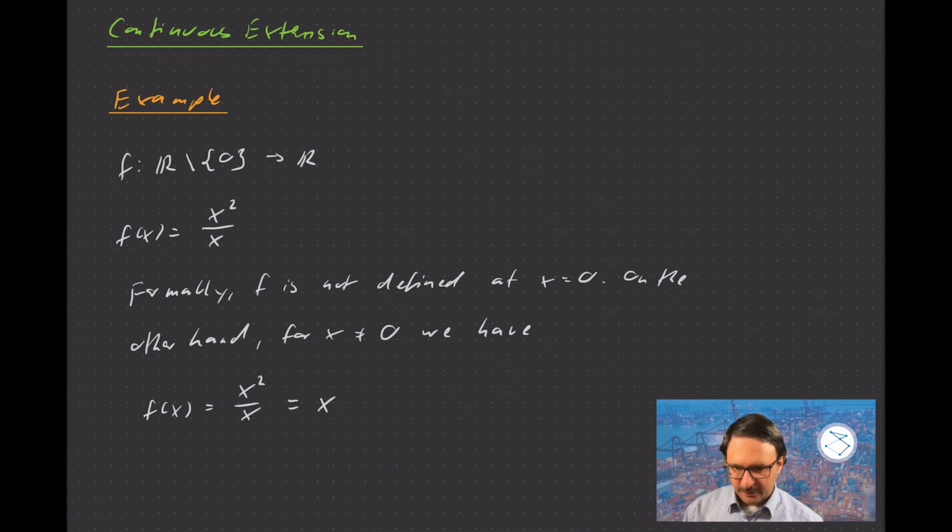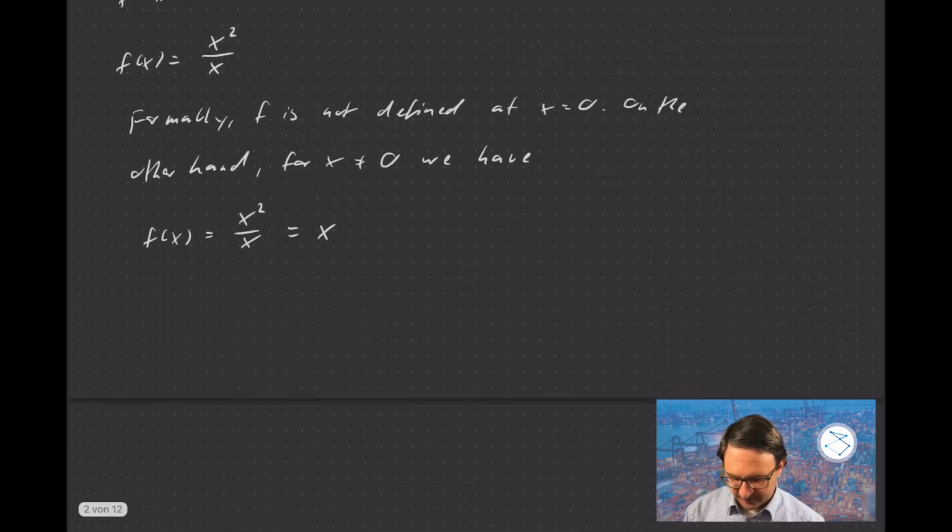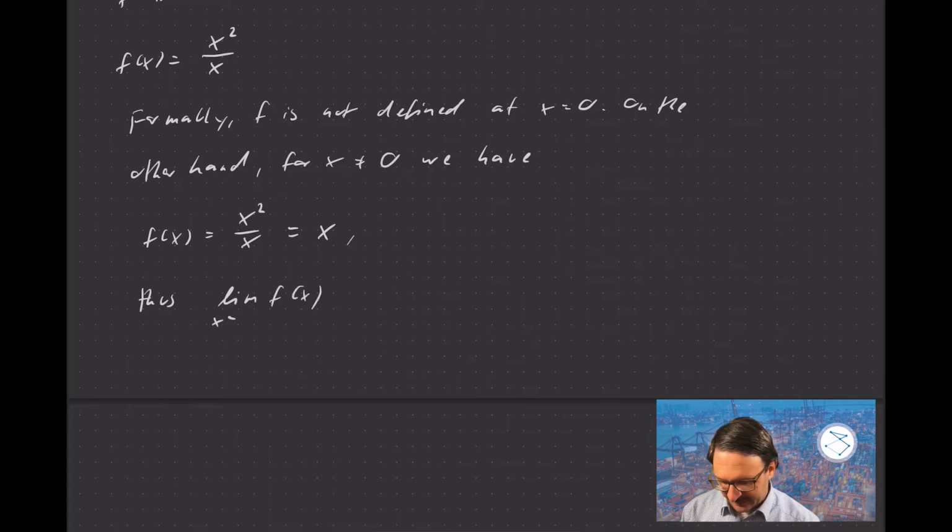So what remains is this here, x. Thus, we can easily determine the limit of f of x as x tends to 0, and that is 0. So while the function is not defined at 0, it has a well-defined limit.